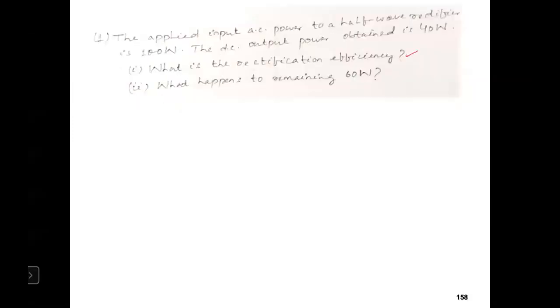That means whatever signal you are applying, the power given in the input to a half wave rectifier is 100 watt, and in the output, the DC power which you are getting is 40 watt. So what is the rectification efficiency?